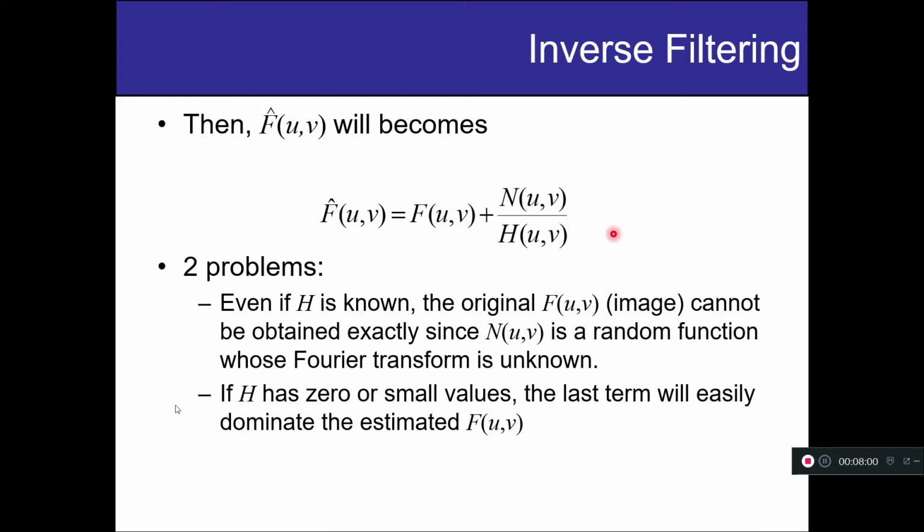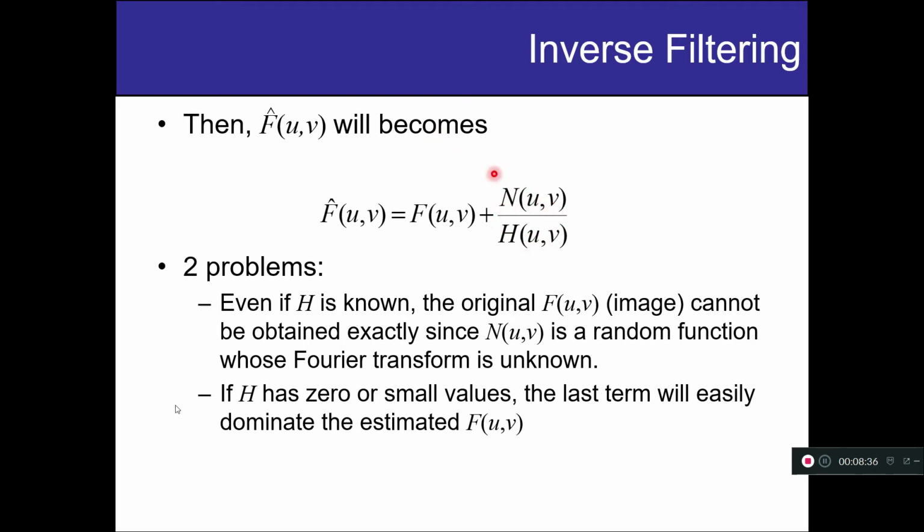This is explained here. If H has 0 or a small value, the last term will easily dominate the estimated F. That means you need to make sure this one is not 0, because if this one is 0 or close to a small value, then something divided by a small value or 0 will become almost infinity.